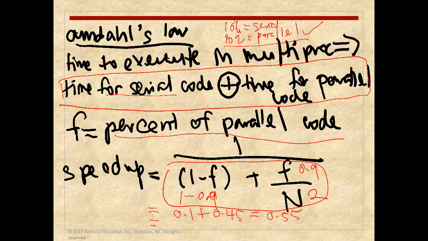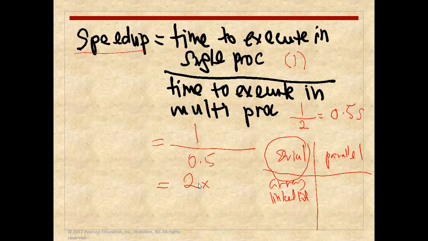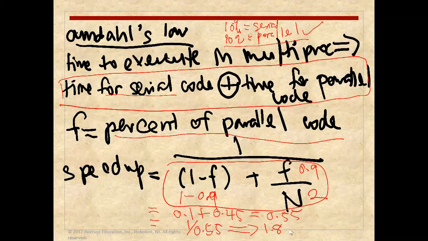So the relative speed up is 1 divided by 0.55, and we get the final relative speed up as 1.8. So you see now the speed up has been reduced. Previously it was 2 times faster, now it's only 1.8 times faster in executing the multi-threads on the multi-core CPUs.